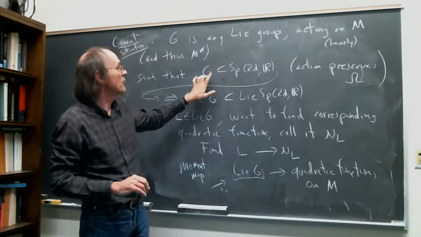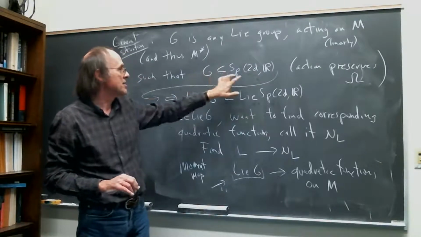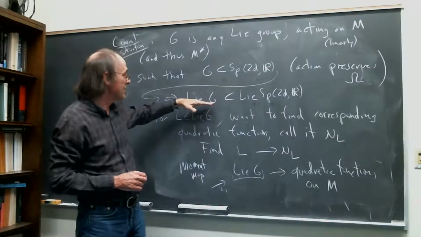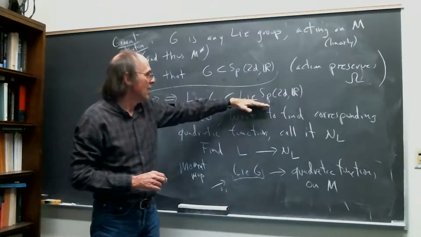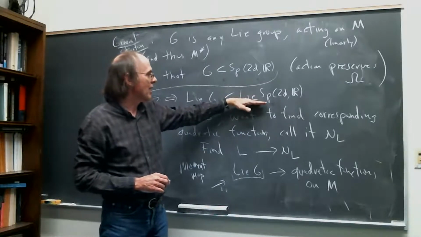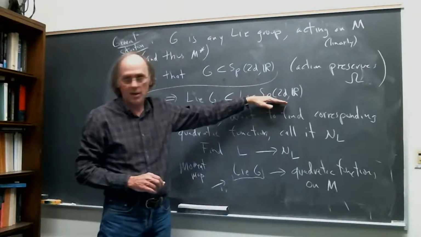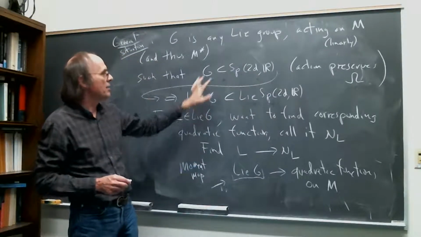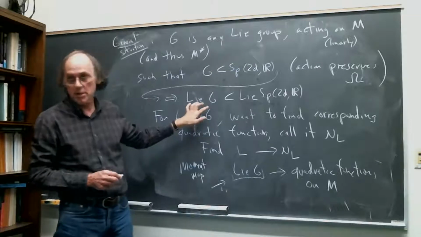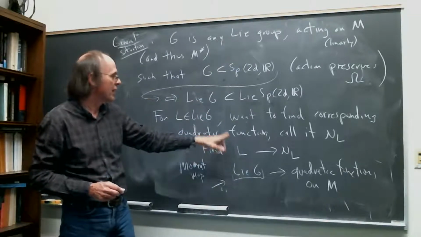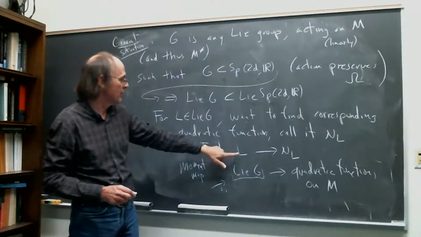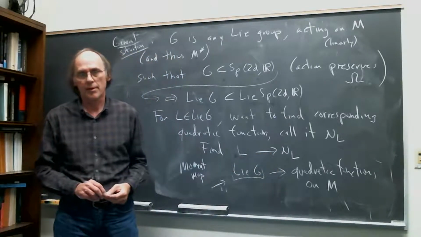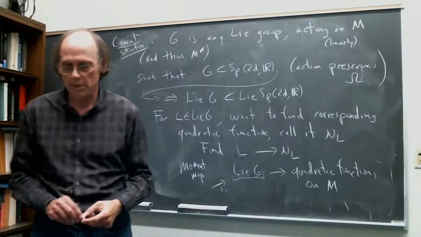So the group sits somehow as a subgroup of the symplectic group, and so it means that its Lie algebra sits as a sub Lie algebra of the Lie algebra of these guys, and so we can get our hands on what this group action is doing if we can identify for each element of the Lie algebra the corresponding quadratic polynomial.